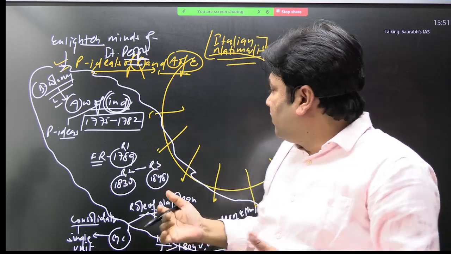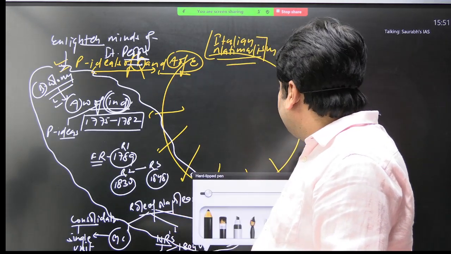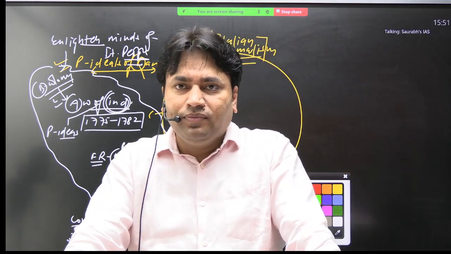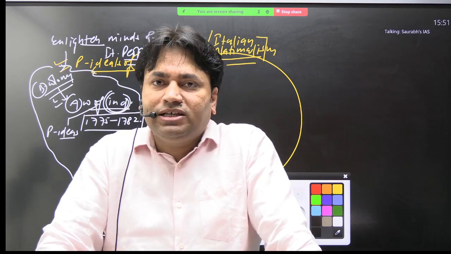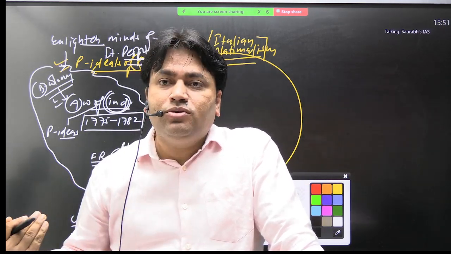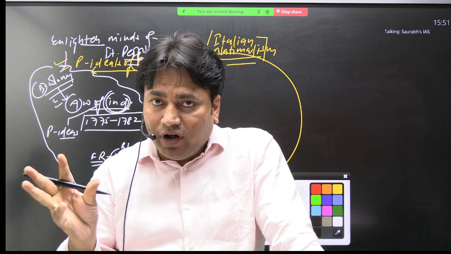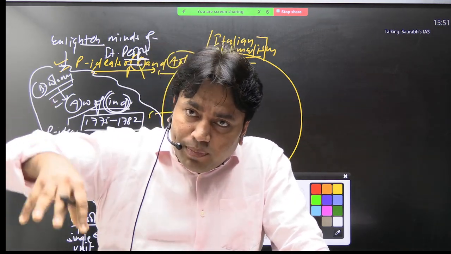Now, the next important thing: the regressive steps taken in the Vienna Congress. Is it also one factor? The expression of nationalism will come from this as well. Regressive changes were introduced in the Vienna Congress, so the people will become dissatisfied, and foreign rule was again reimposed.